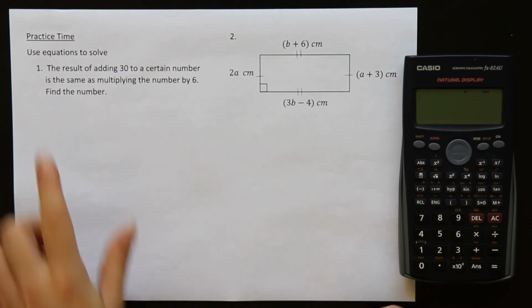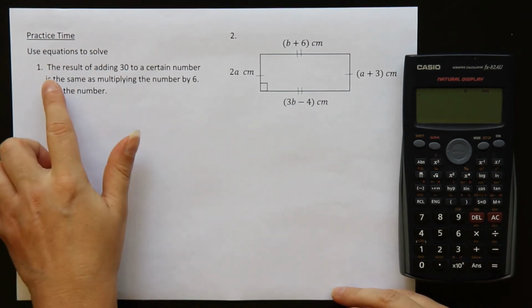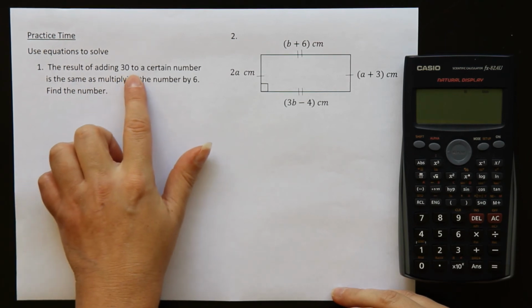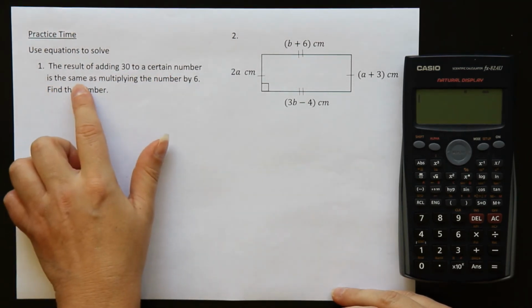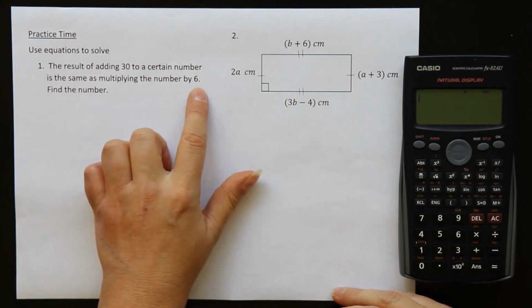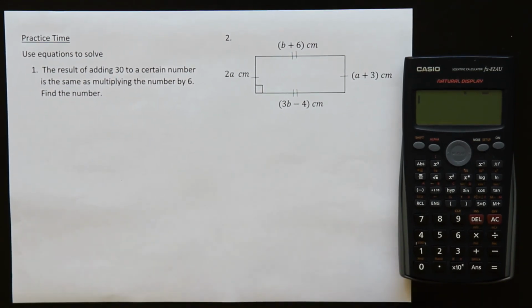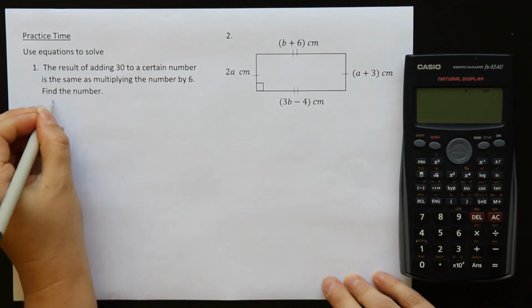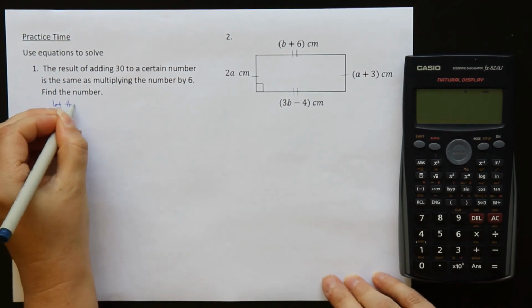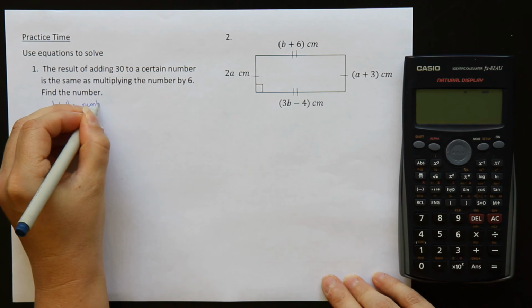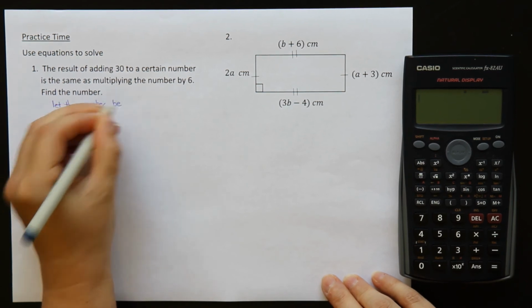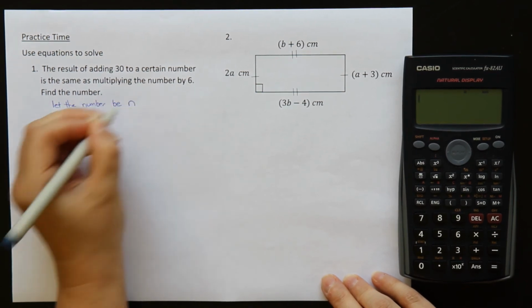Question 1. So it says use equations to solve. The result of adding 30 to a certain number is the same as multiplying the number by 6. Find the number. Okay, so first of all, we need to choose a pronumeral. Let the number be, let's use n. Let the number be n.